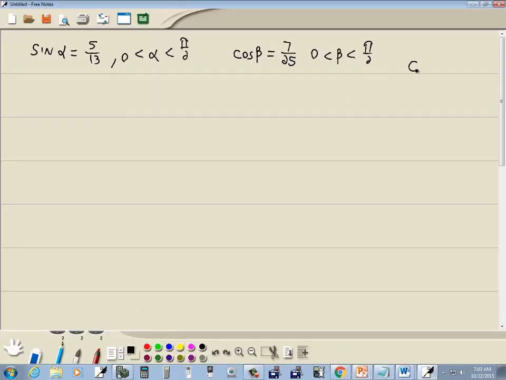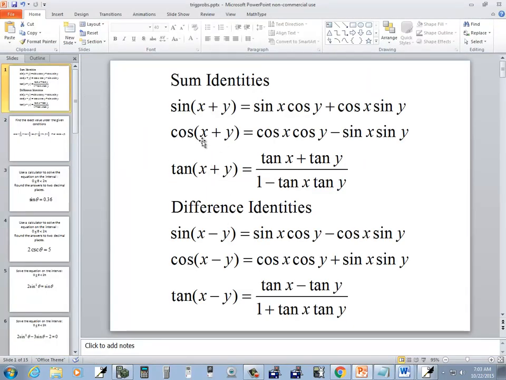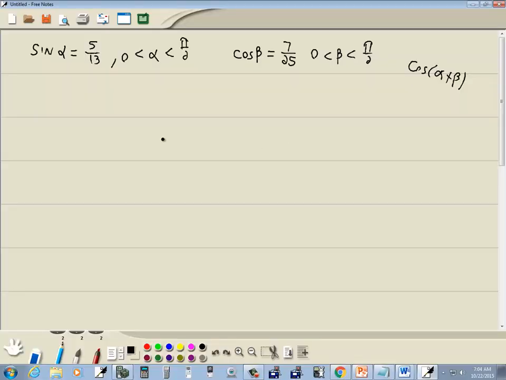So we want to find cosine of alpha plus beta. Well, if we look at our formula, cosine of, and this is x and y, but same idea, it looks like we need both sine and cosine of both variables.